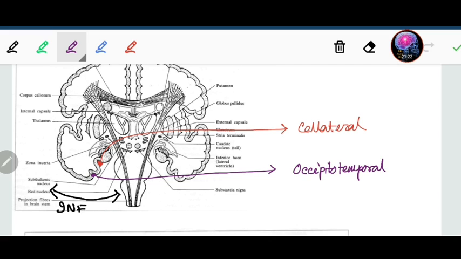Now on the medial side of the collateral sulcus, we know there is the presence of the parahippocampal gyrus. So the parahippocampal gyrus is this one.